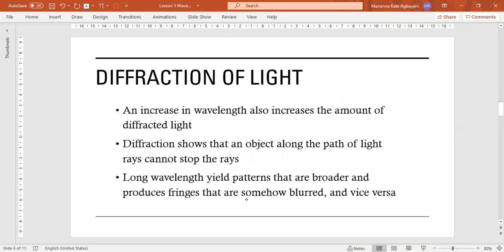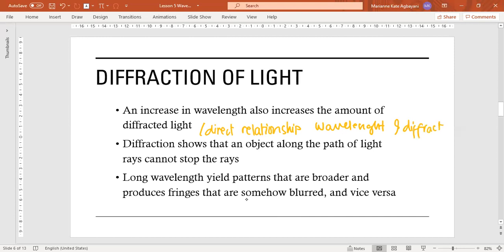And an increase in wavelength also increases the amount of diffracted light. So there is a direct relationship between the wavelength and diffraction.